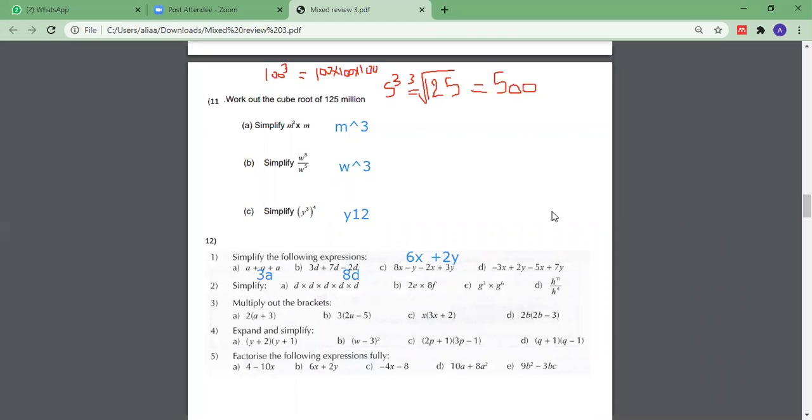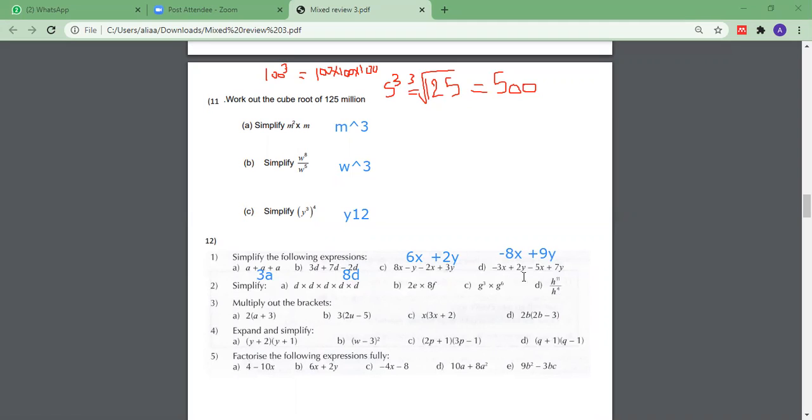Okay, so negative 3x minus 5x will be negative 8x. Plus 2y plus 7y will be 9y, so negative 8x plus 9y, because negative minus is still negative.